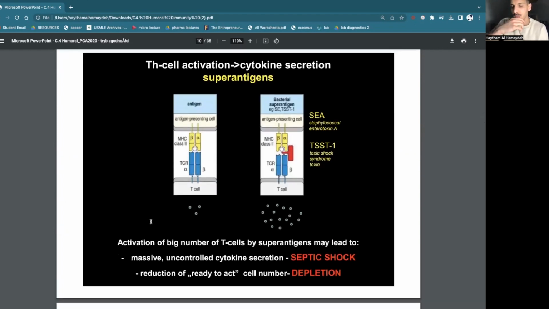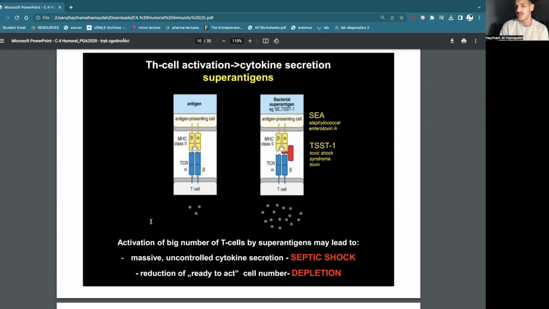This is easy. We took it in microbiology, but I'll go over it quickly. Usually antigens that activate T cells allow them to produce cytokines in an acceptable amount, which helps us fight the bacteria. Sometimes cytokines are overly produced and cause a shock rather than a normal response. These are superantigens.